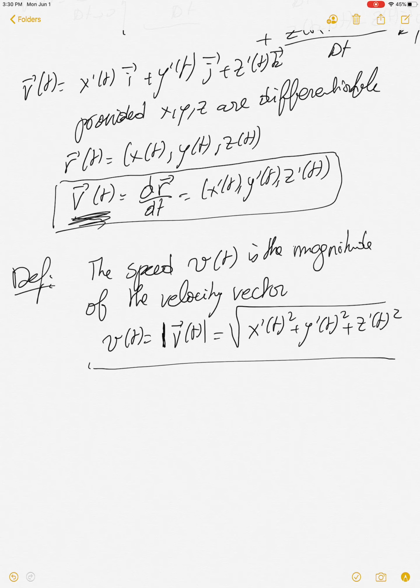And this is nothing but a scalar. Okay, the velocity is a vector, the speed is a scalar. One more definition before we start doing some applications.